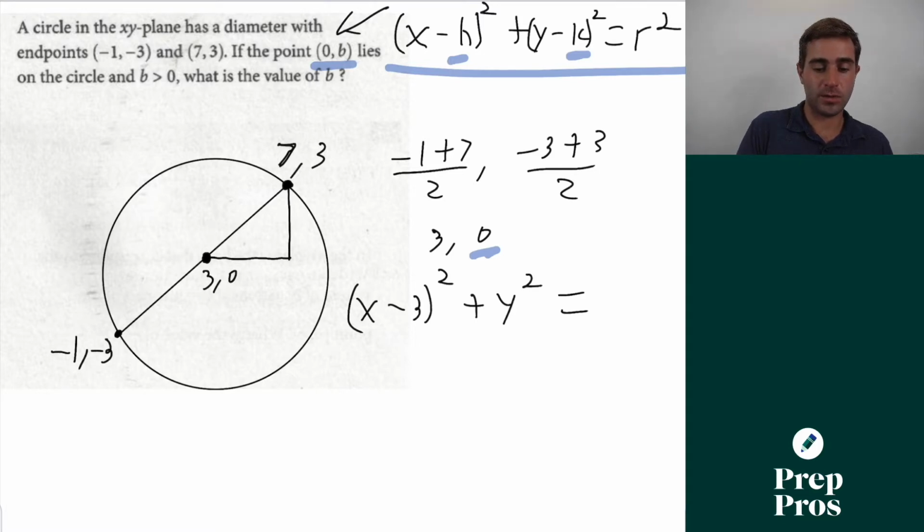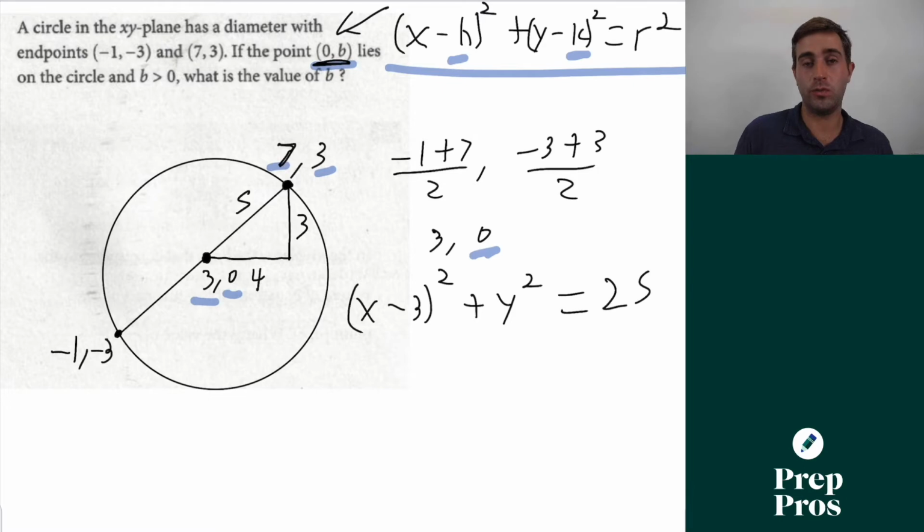From 3 to 7, I move over 4 coordinate units. From 0 to 3, I move up 3 coordinate units. Now I can just do a squared plus b squared equals c squared, and that's going to let me know that this is 5. This is also a 3-4-5 triangle, which is a common Pythagorean triple that shows up on the SAT, so it's a great thing to watch out for. So now I know that my r squared is going to equal 5 squared, or 25.